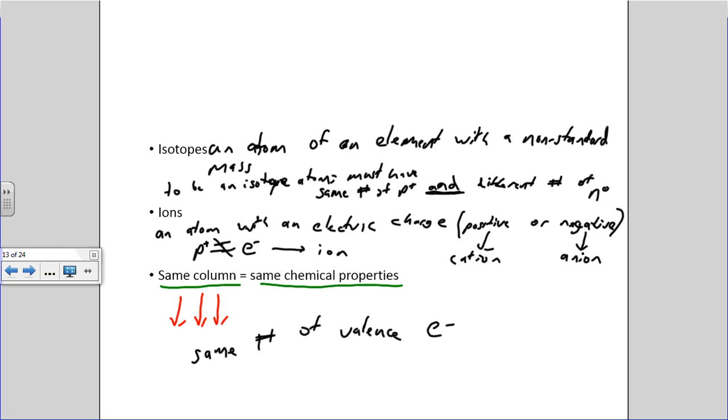Okay? So same number of valence electrons is going to give us the same kind of chemical properties, so the same reactivity, the same bonding behavior for the most part, and simplified, very simplified. We're going to see same basic chemical properties shared within a column. Okay, that is all because of the valence electrons. Valence electrons are determined by the column. So the periodic table is set up so that elements with the same number of valence electrons are given in the same column. So if you're in the same column, same valence electrons, same chemical properties.